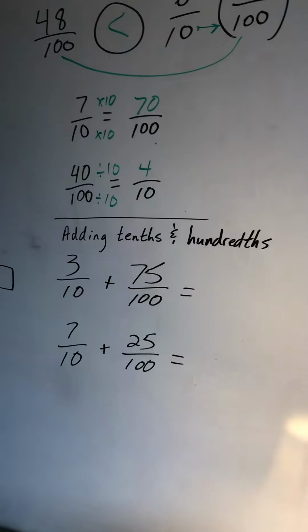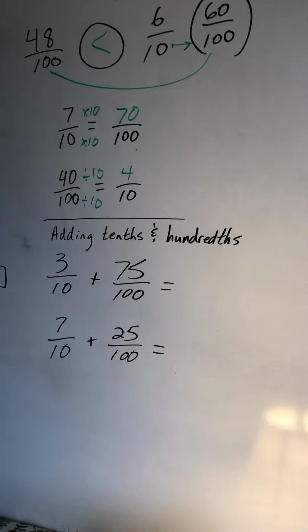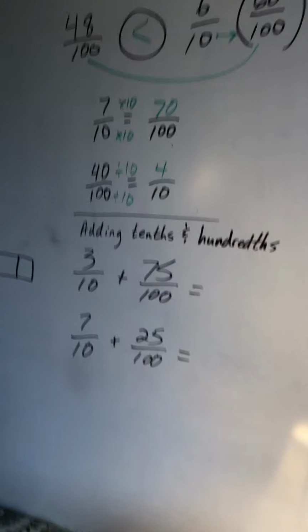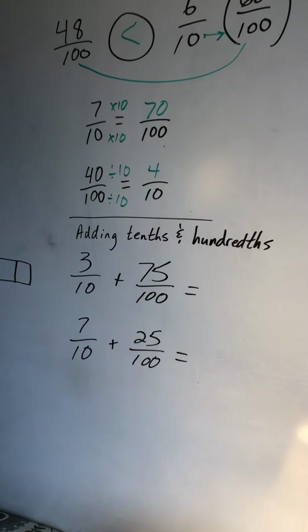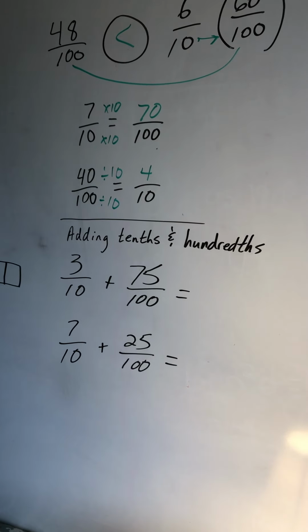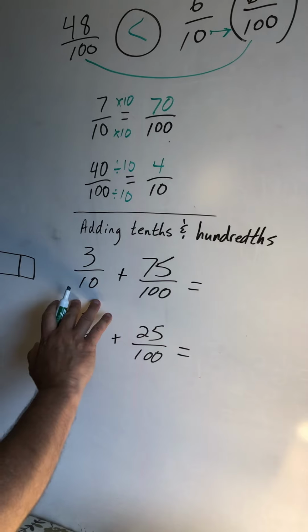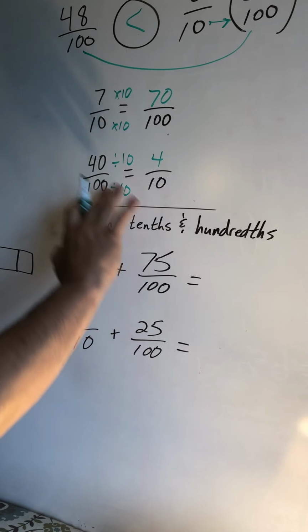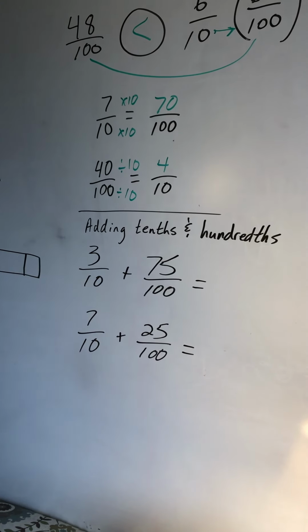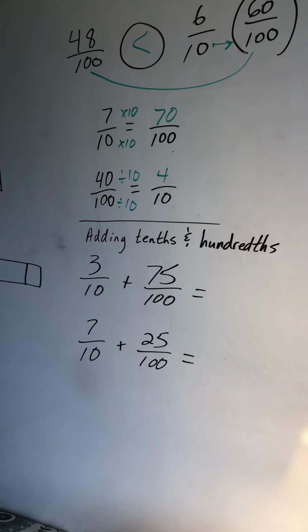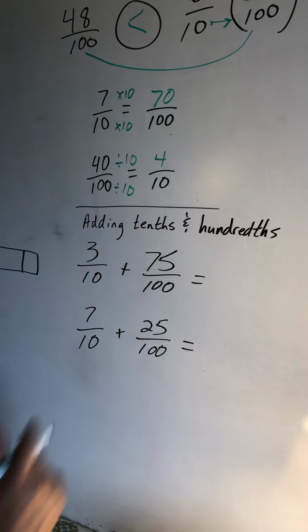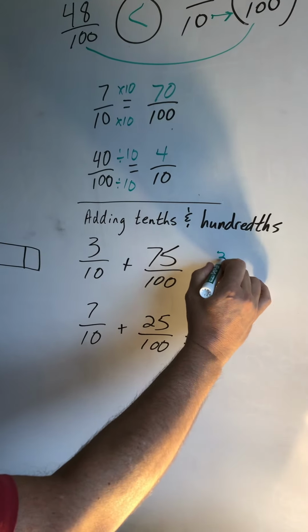Now this one I left blank. I'm going to have to kneel for a second, okay, to get down this low. So adding tenths and hundredths. Now I know some of you remember this from before, but like we just did here, it's real easy to make 3 tenths into hundredths. So why don't we do that?